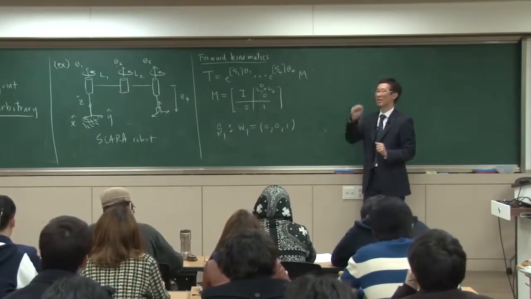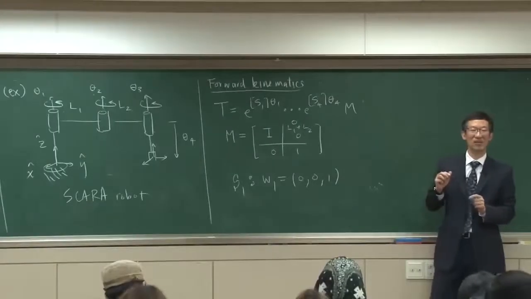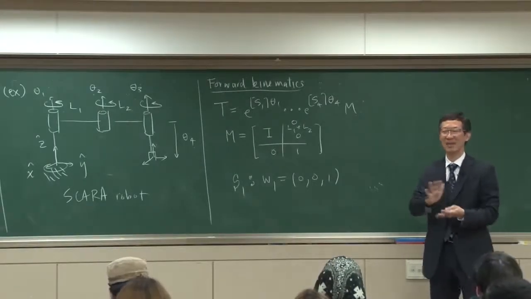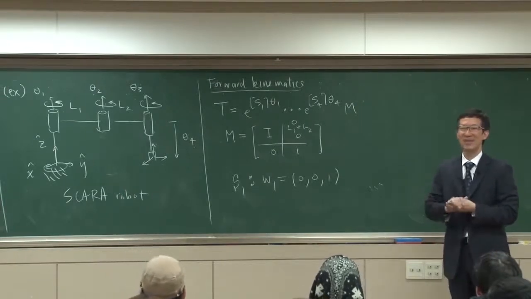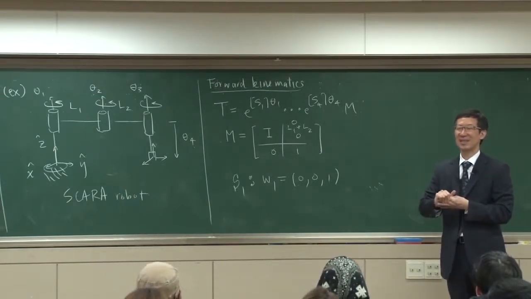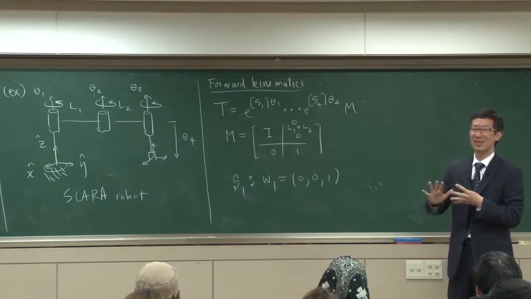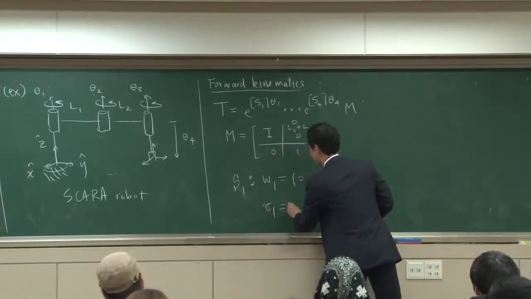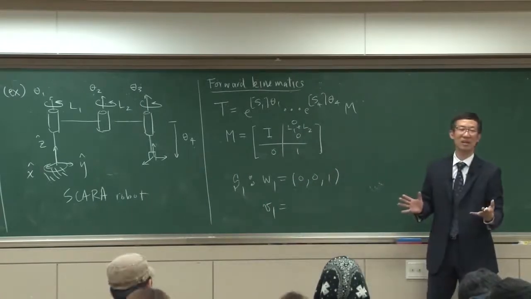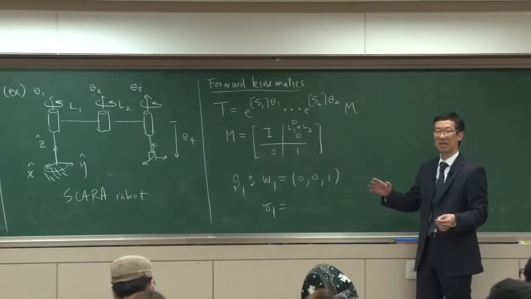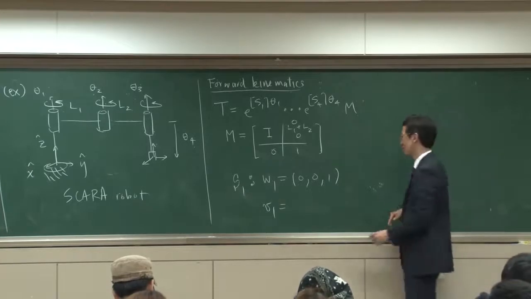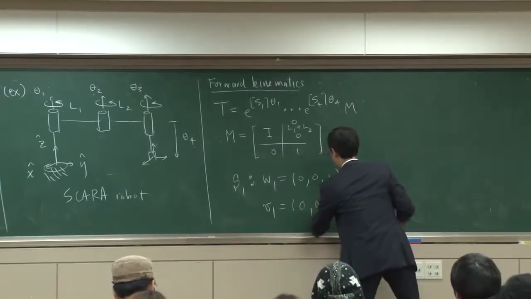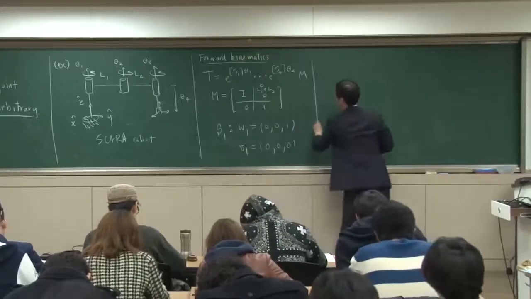Okay, it's only been less than 2 weeks since the midterm exam. So this is worrisome. V1 is 0. Okay, very good. Why? Because Q1 is 0, and V1 is minus omega 1 cross Q1, so 0.